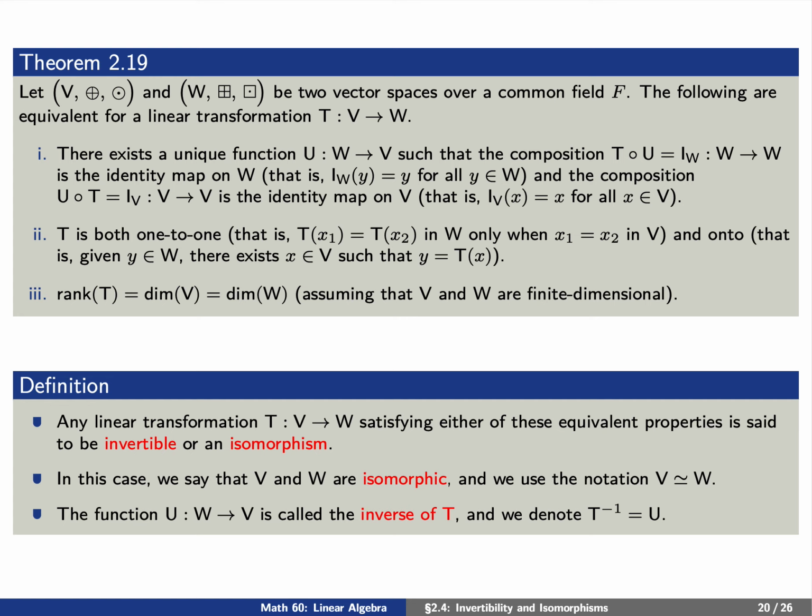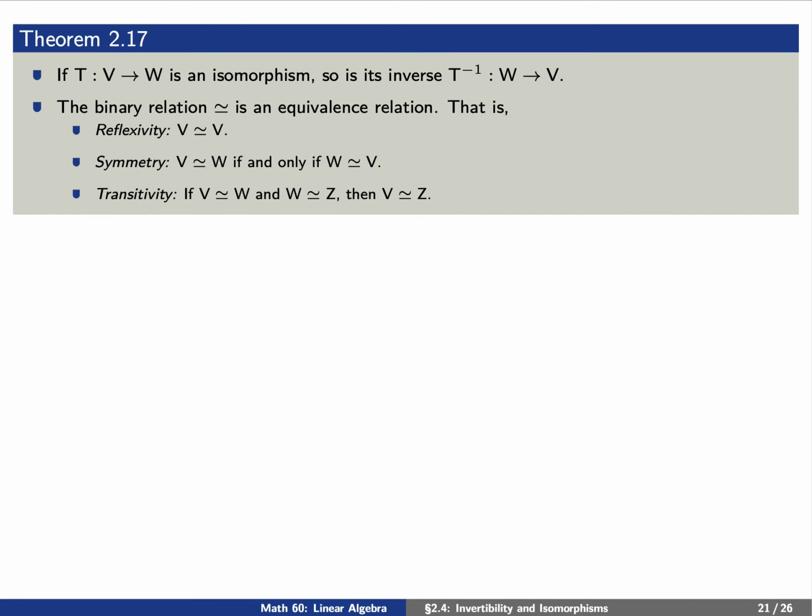This function U from part 1 of Theorem 219 is called the inverse of T, and we denote this by T to the minus 1. If T is a linear transformation, then so is its inverse. Actually, if our T here is an isomorphism, then T inverse is an isomorphism as well.